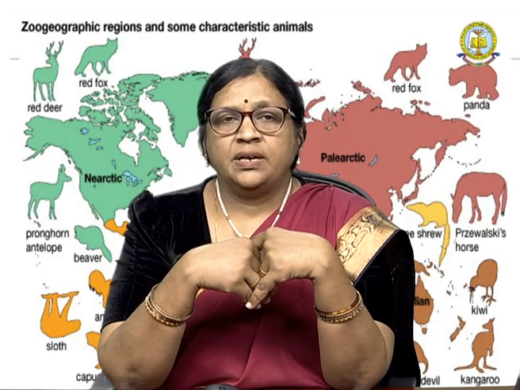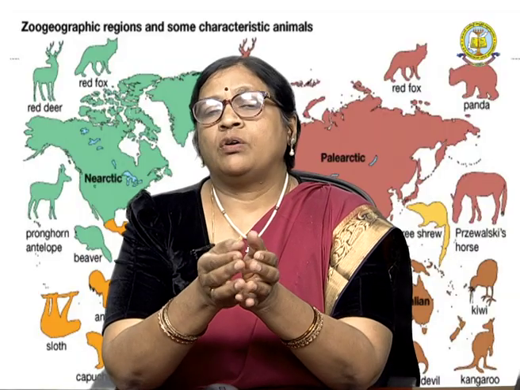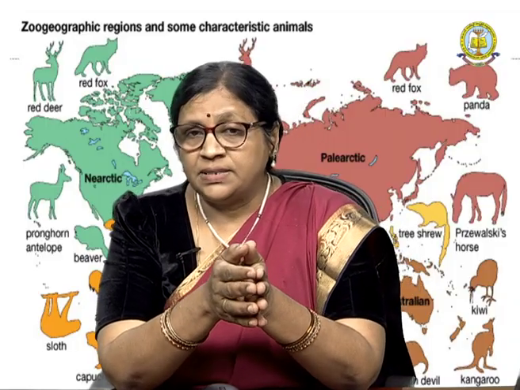So marsupials are the original animals found in the Australian subcontinent, where kangaroos are present. In addition, the duck-billed platypus, the egg-laying mammal, is specifically found in this region.